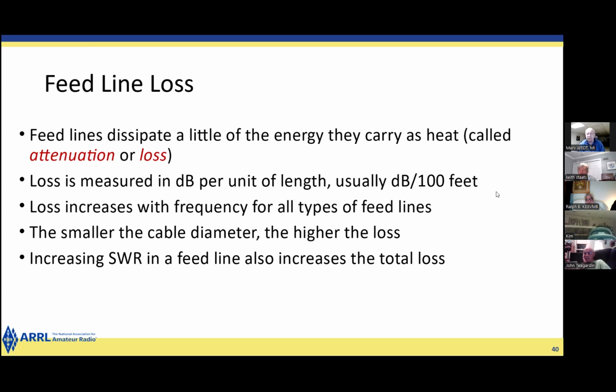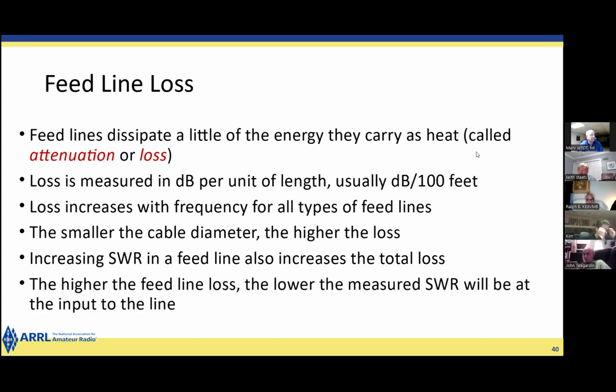Especially when you start working with QRP rigs. When you're running 5 watts, you don't want to lose 3 watts to your feed line, or 4 watts to your feed line. The higher the feed line loss, the lower the measured SWR will be at the input to the line.